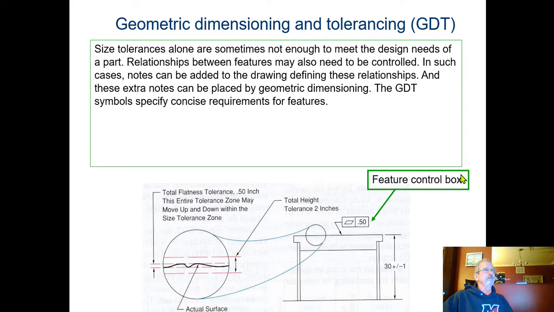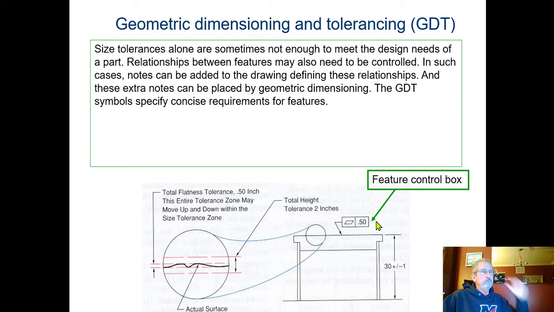I'm going to add some other things here. There's geometric tolerancing, and geometric tolerancing means that certain things have to happen to make a product work properly. In this case, this table needs to have a flatness to it. Maybe it's a very precise table where they're measuring precise things on it, okay?